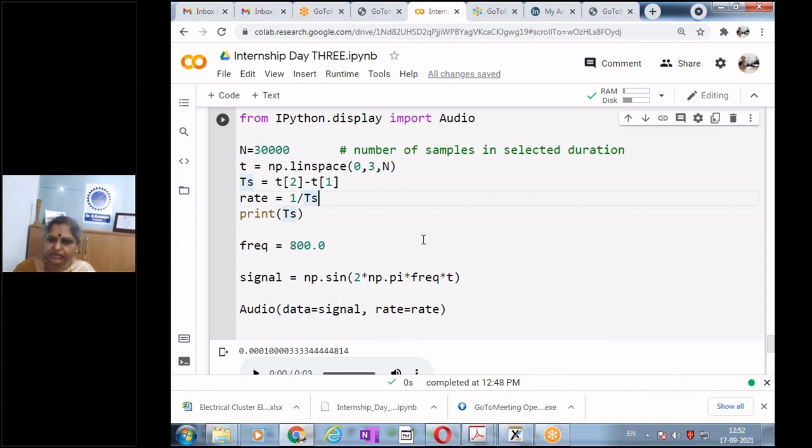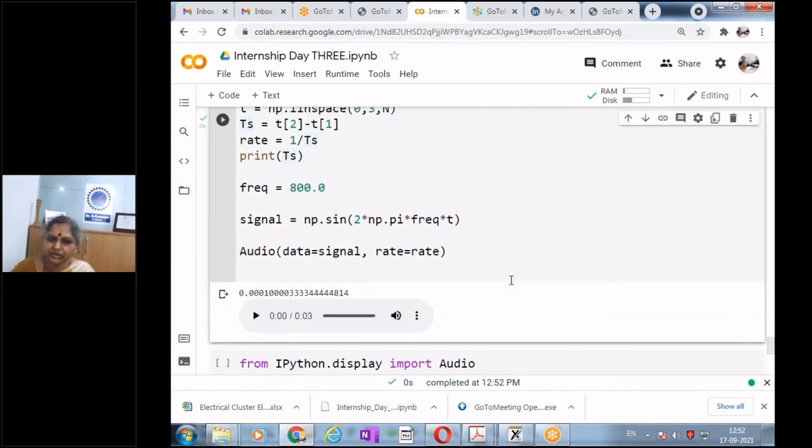Yes, please run the code. What's the output you got? Now let's play this.